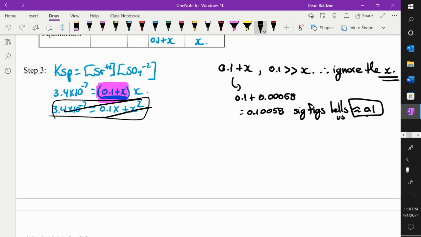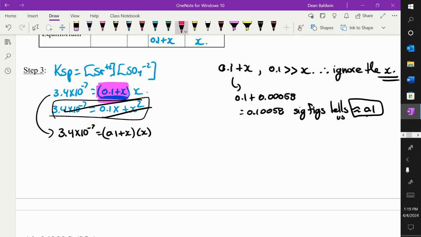Don't do that. What you do is off of this step, I'll rewrite it here. 3.4 times 10 to the minus 7 is equal to 0.1 plus x times x. Just say off to the side somewhere, you have to write this though. You can't just make things disappear unless you say why you're making them disappear.